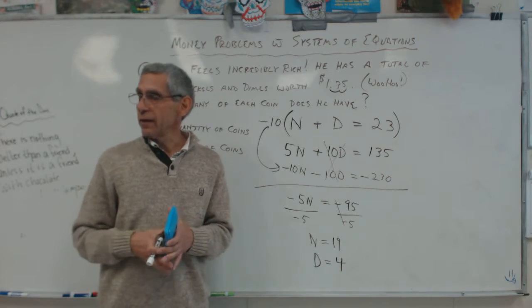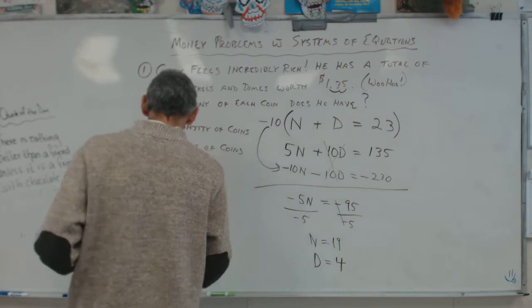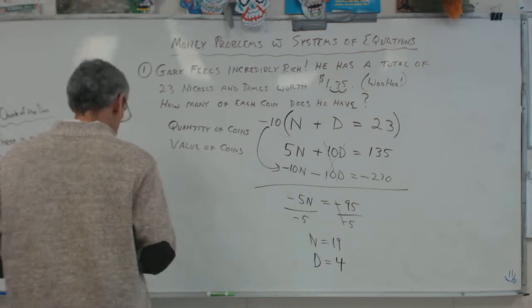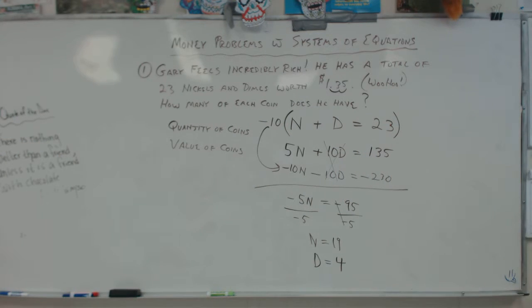Pretty straightforward, right? Except d equals 4. The fabulousness of it: there's 4 letters in dimes and there's 4 letters in nuts. Actually, d is the fourth letter of the alphabet. Nobody cares.